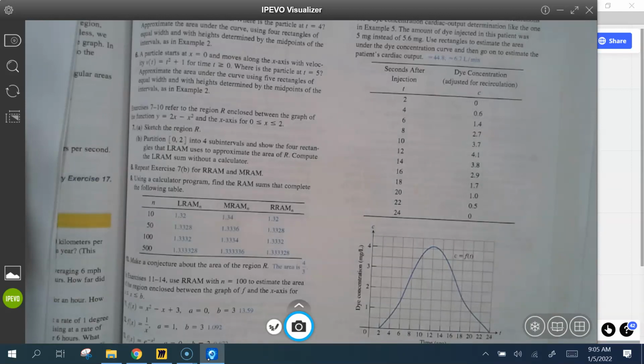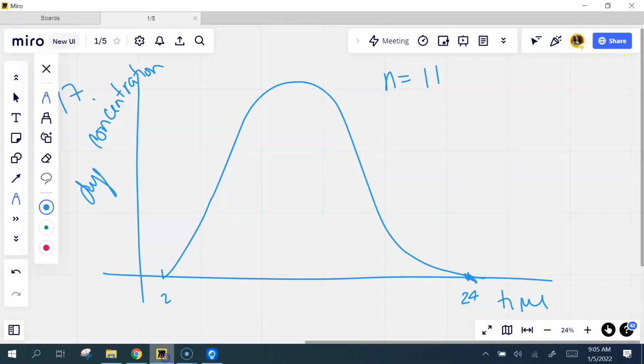Okay, so as we divide this up, if I do left RAM, it starts with the leftmost endpoint. If this is my interval to here, it would go to here, right? And that's my rectangle. And then this rectangle.